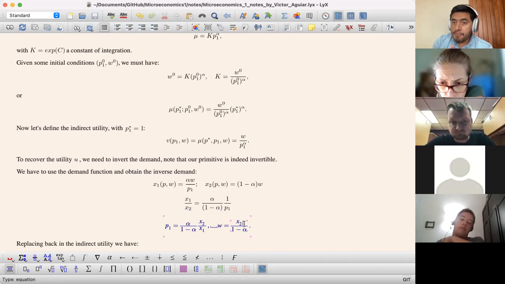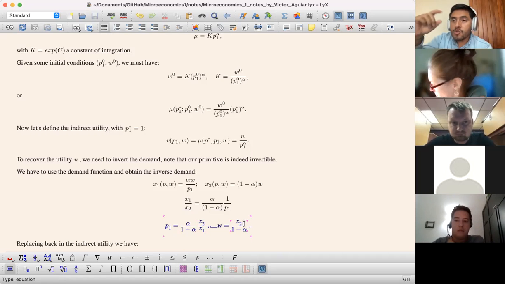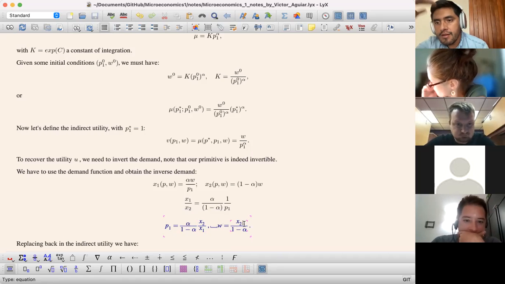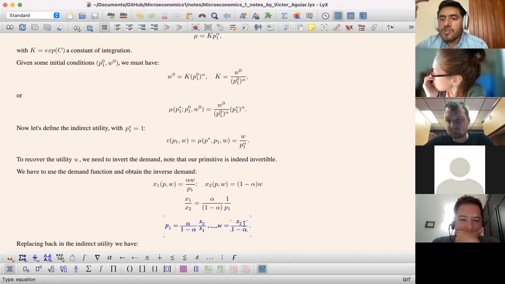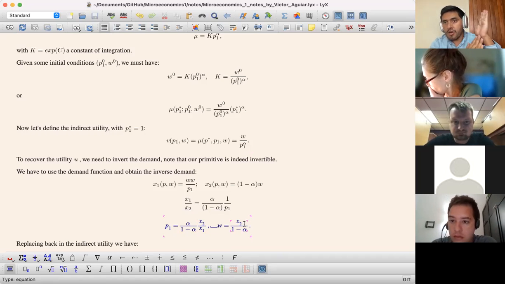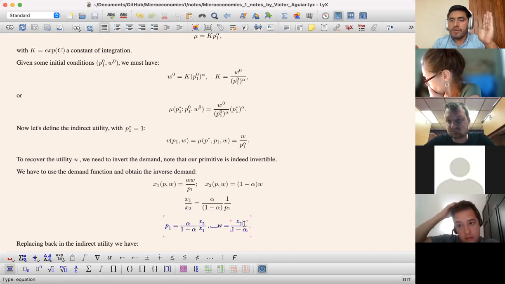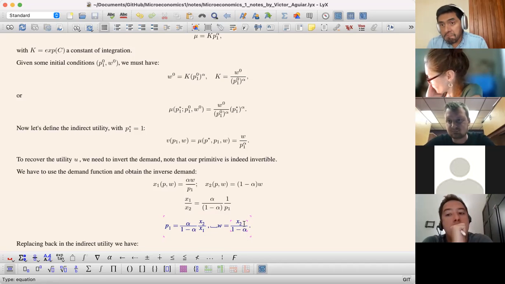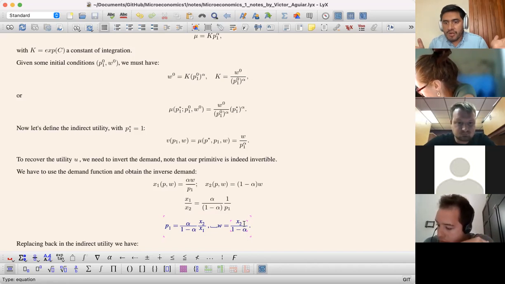So if I replace the inverse demand in the indirect utility, it has to give me back the direct utility, okay? By definition, right? Because the indirect utility is expressed in P and W. If I invert demand, it's going to be a mapping from prices and income to quantities, X1, X2, right? If I replace the inverse demand inside the indirect utility, it has to give me back the direct utility, okay? Games with inversions, right?